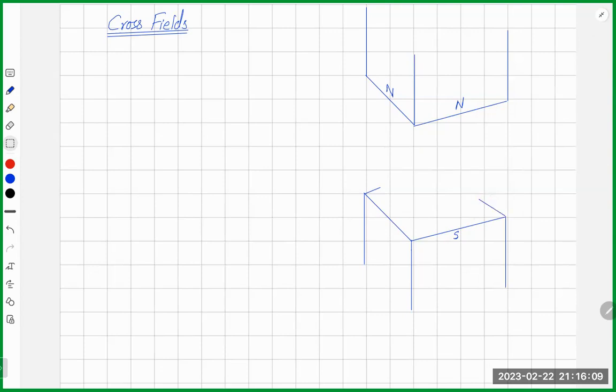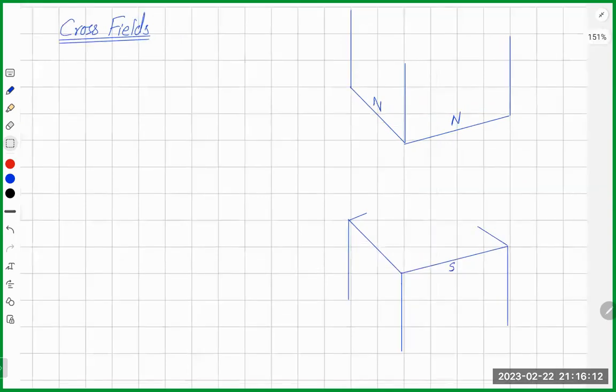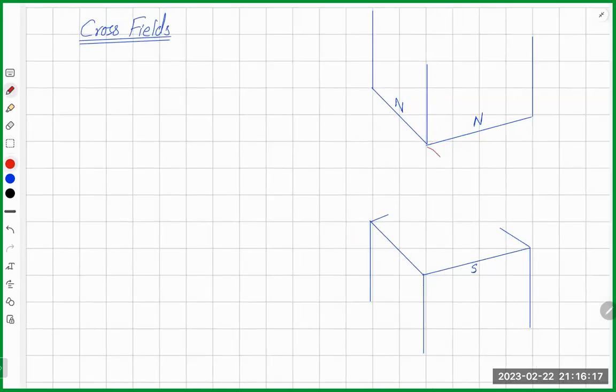Okay. Now we have another plate here. So we will be attaching further plates on the side, an electric field, to compensate the effect of the magnetic field.